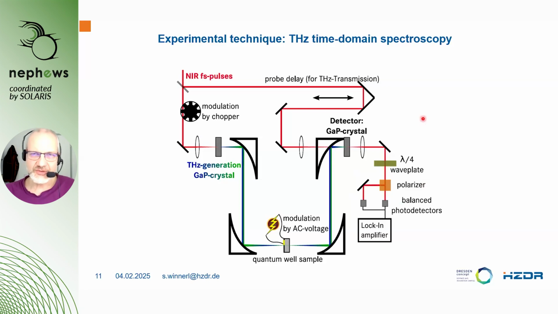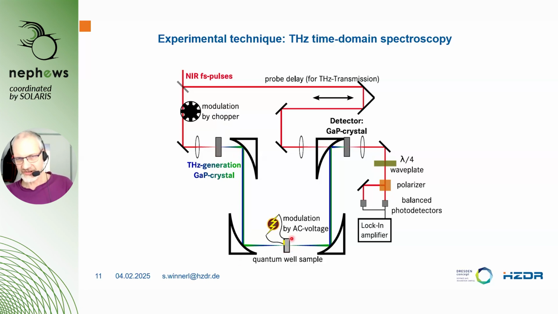So the setup for this experiment looks rather complicated. I don't want to go into the details. This is basically the probe scheme. We use a near-infrared femtosecond laser to photo-excite a nonlinear crystal. This generates the terahertz.